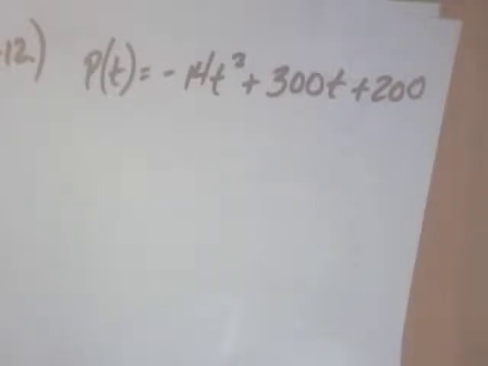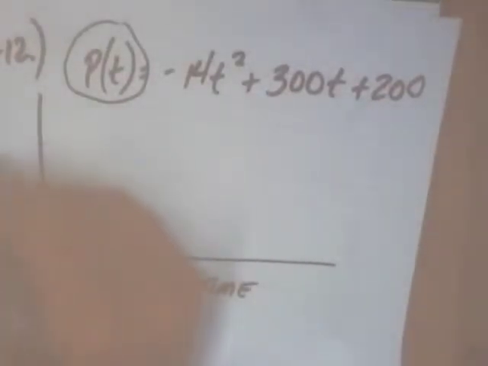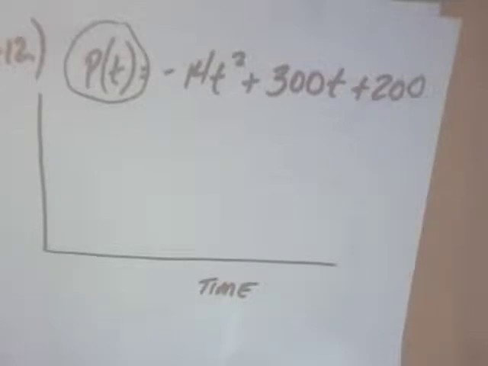Time. T represents time. What variable do we normally see where the T is? X, right? So our time is our horizontal axis. And this is going to be our Y value, right? The price is our Y value. We only have positive time, we're not going to look at negative time, and we wouldn't have a negative price of the stock. So really, we're just looking at quadrant 1.